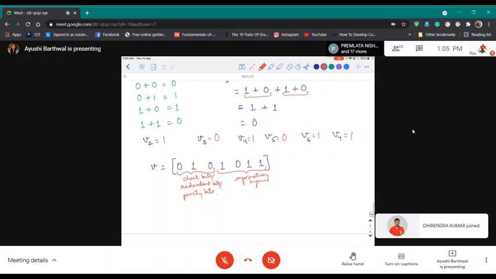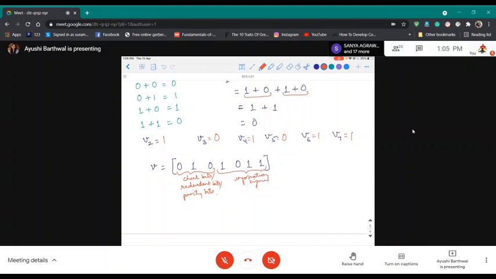And the code words in which you can separate information bits from the parity bits are called systematic code words.